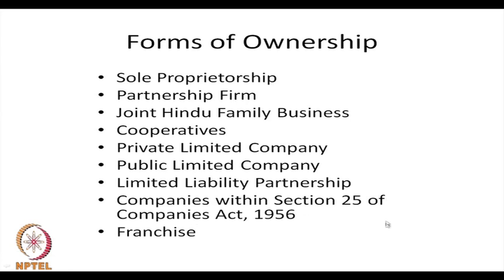These last 2, you will see that they are covered under the previous ones, but I separately wrote them because they have some distinctive characteristics. Let us study each one separately.